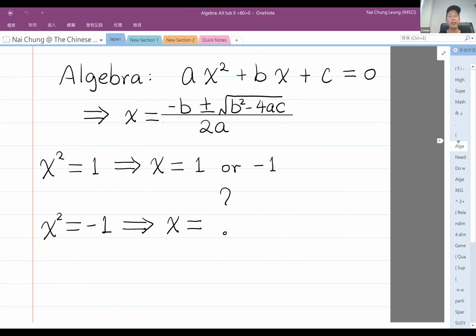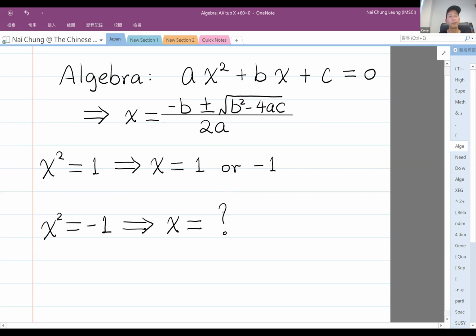When you try to solve it, you have the explicit formula: x equals minus b plus or minus the square root of b squared minus 4ac, over 2a. You all know that when you take a square root, you can only take the square root of a positive number. For example, the square root of 1 is 1 or minus 1. And we do not have the square root of minus 1 among real numbers.